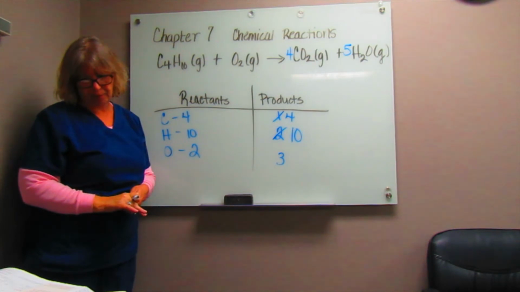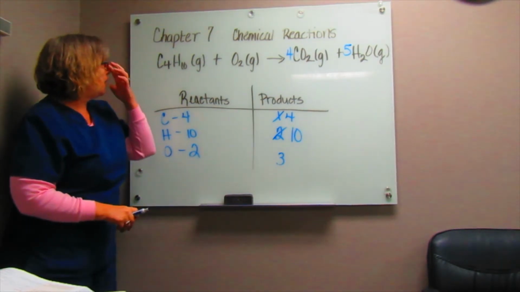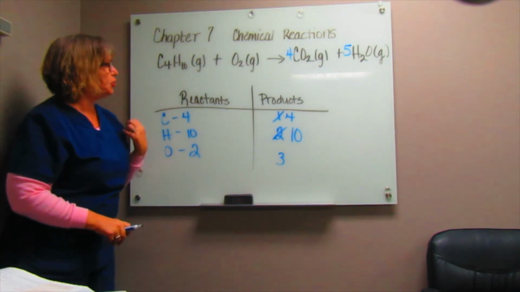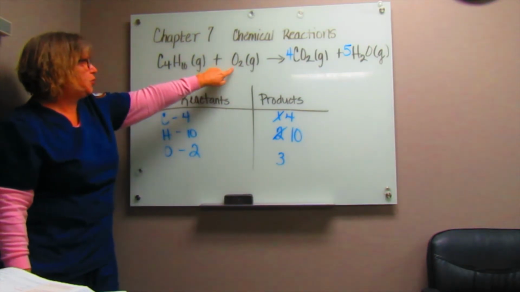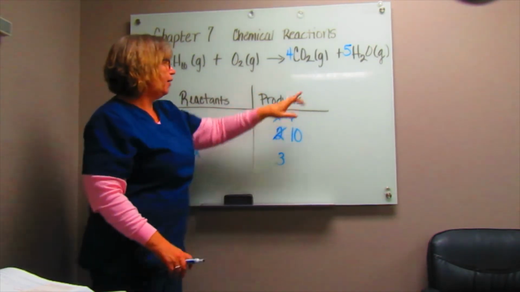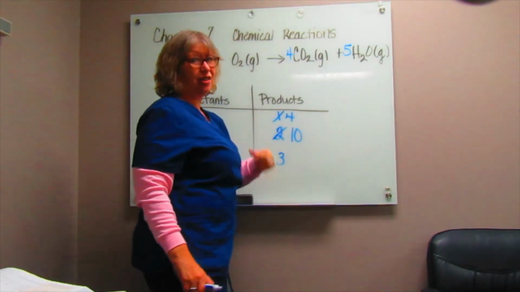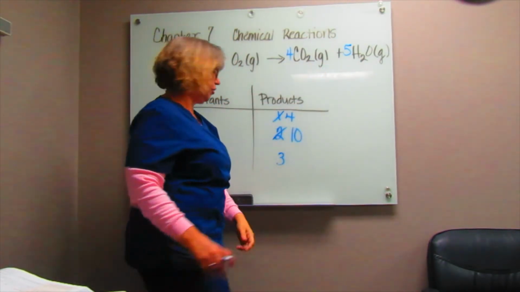Alright? Now, looking at our oxygen. I intentionally saved these oxygens for last, because if you look, you have 2 oxygens on your reactant side, but now that we've added all these coefficients, our number of oxygens on our product side has changed.